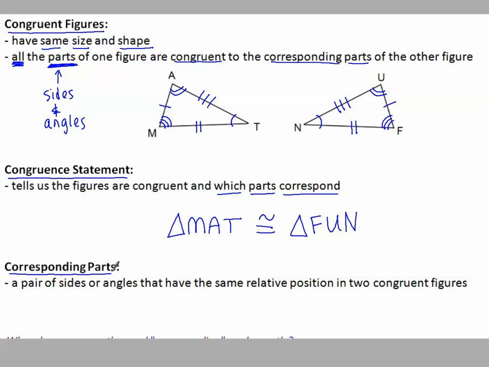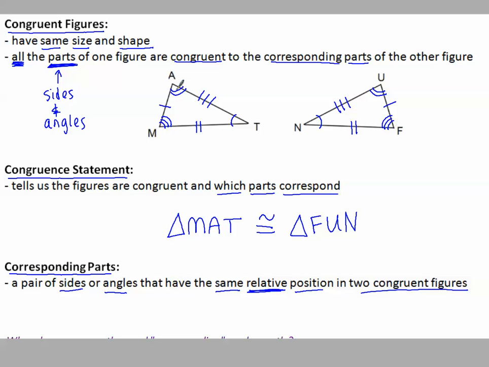Corresponding parts, like I talked about a little bit earlier, are a pair of sides or angles that have the same relative position in congruent figures. So what do I mean about the same relative position? Well, like I said, it's not the side on the left and the side on the left, but relative to other parts around it.